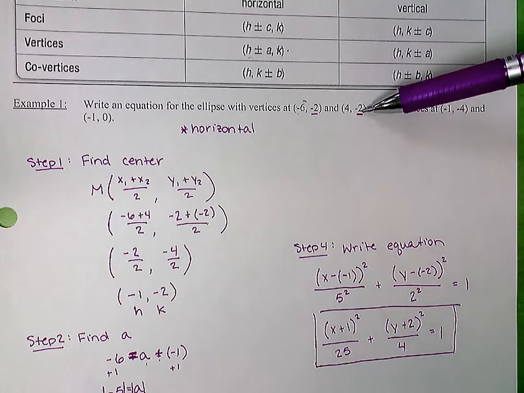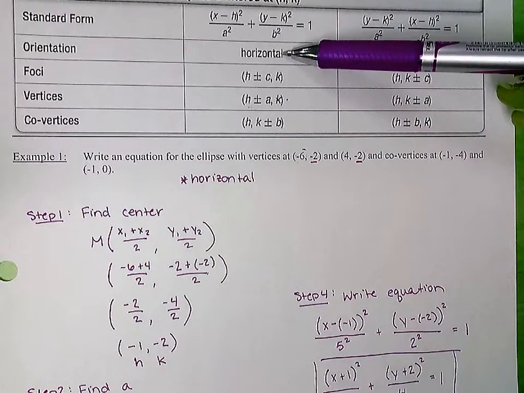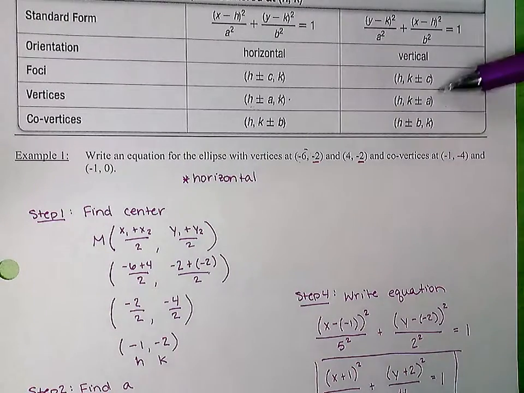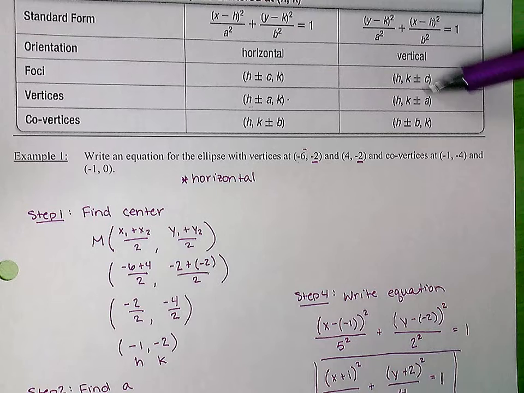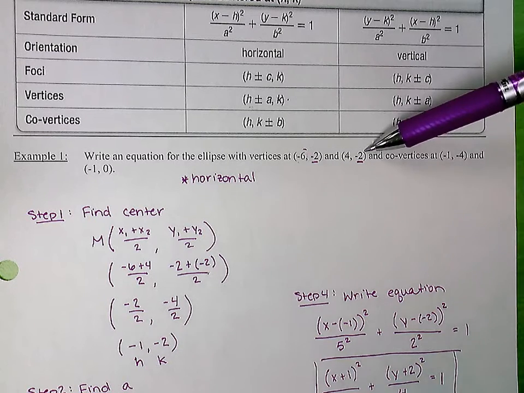So since it stays the same for both, that means it has to be horizontal. Okay? If you look over here at this vertice, you're changing that y value because you're adding or subtracting a. So this one would not be vertical since it's staying the same the entire time.